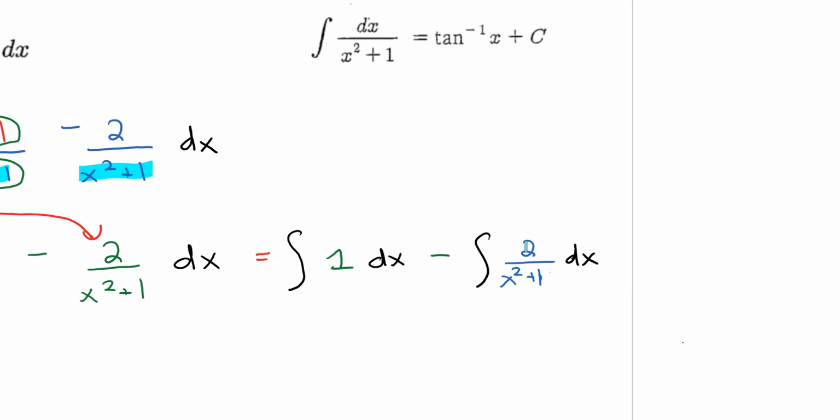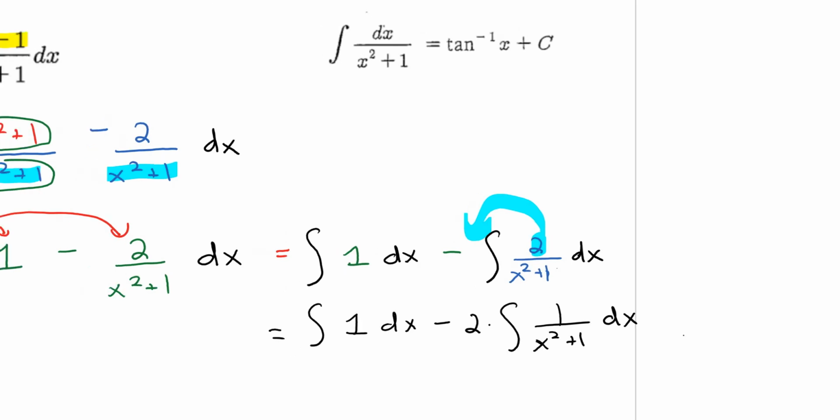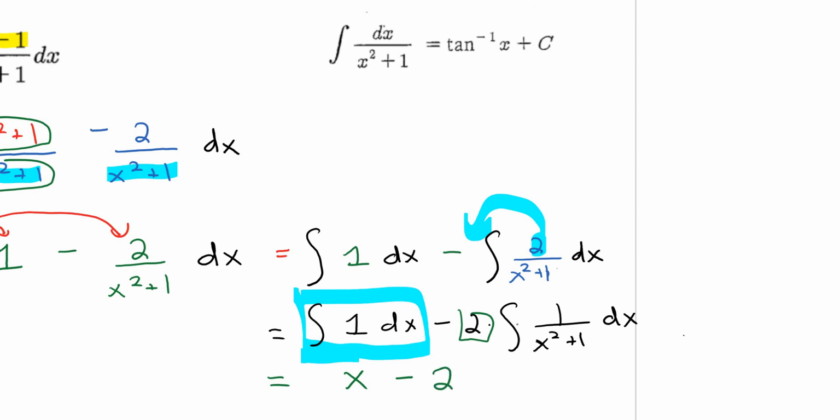And then I can take my 2 here and move that to the front. So this is now the integral of 1 times dx minus 2 times the integral of 1 over x squared plus 1 times dx. And now we can actually solve the problem. This isn't too bad. The integral of a constant right here is just going to be x minus, and this 2 right here is a constant, so I can leave that alone.